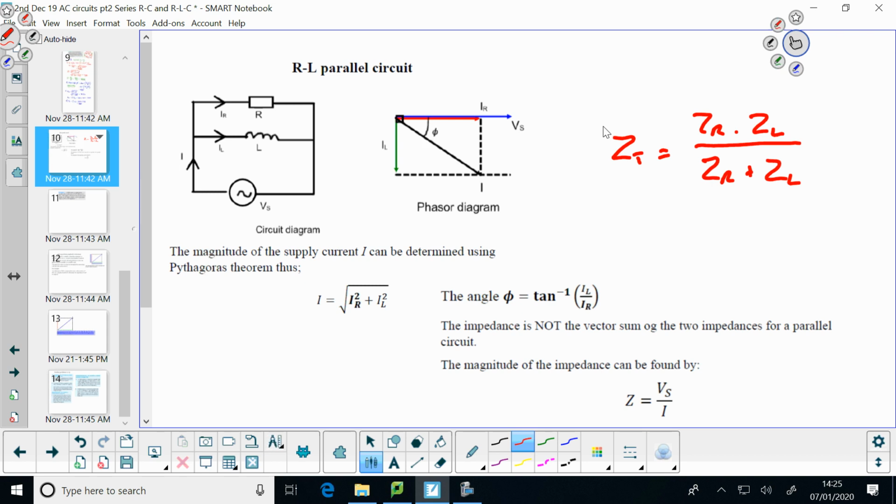We'd have to use product over sum. Because they're not in series, it's not a straight addition. Okay? And the maths to do that is beyond the level that you need in this module. So you can't do the vector sum of the two impedances to get the total impedance in this case.